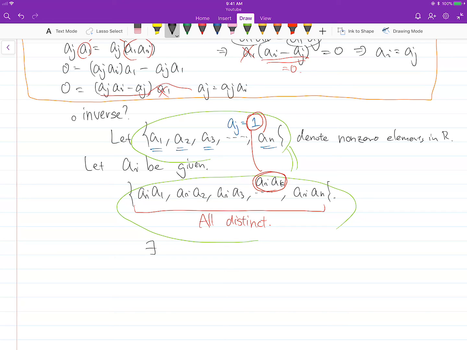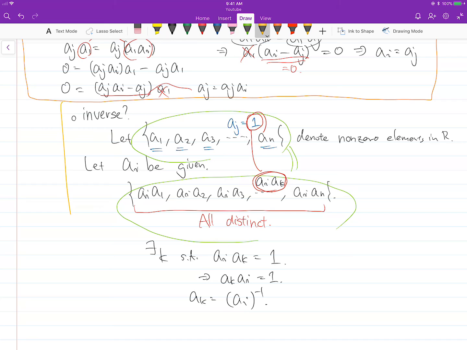So we just found there exists k such that a_i a_k equals 1. And since R is commutative, this also implies that a_k a_i equals 1. So a_k is the multiplicative inverse.